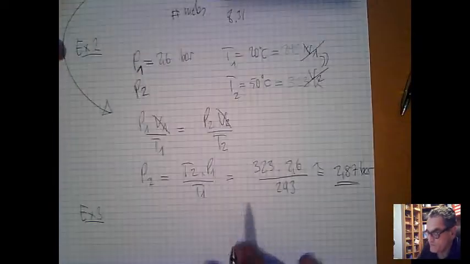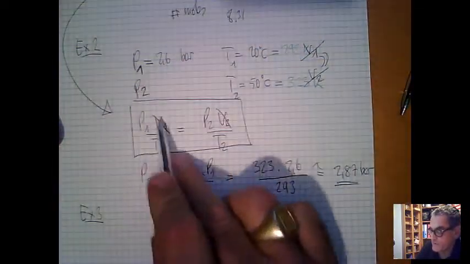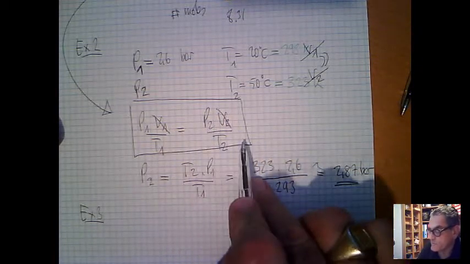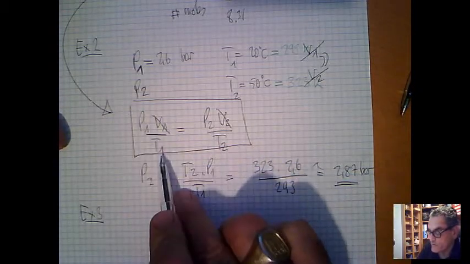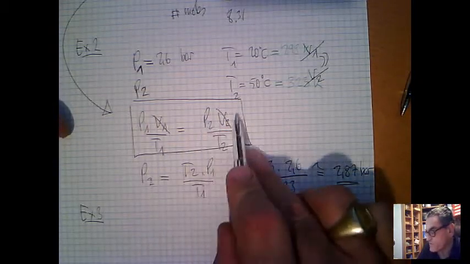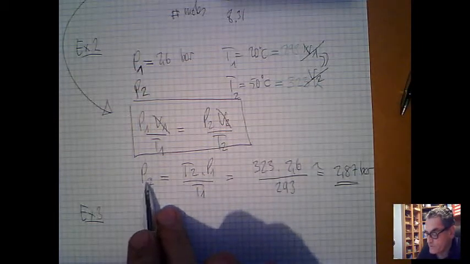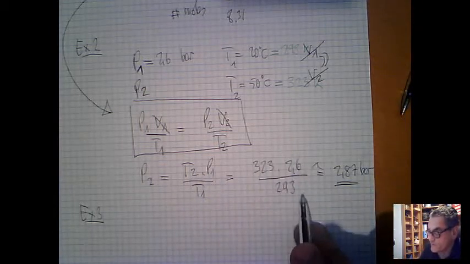Okay, if PV over T is a constant, then PV over T before the transformation is equal to PV over T after. So we write P1, V1, T1, the conditions before, P2, V2, T2, the conditions after. And we replace all that, which gives us P2 is equal to T2 P1 over T1. We put in the values.